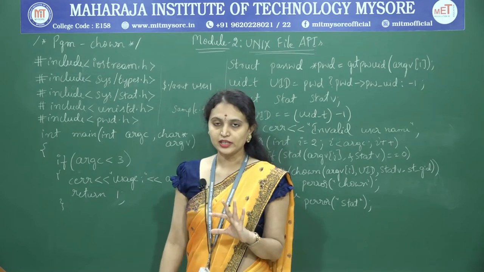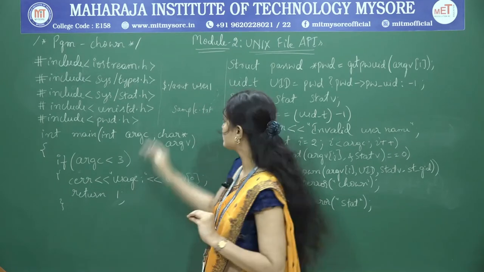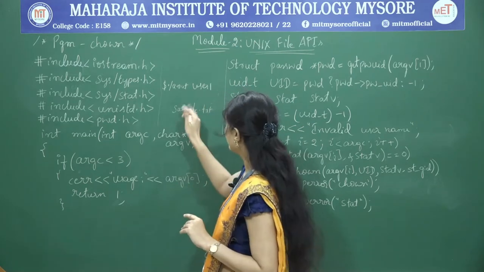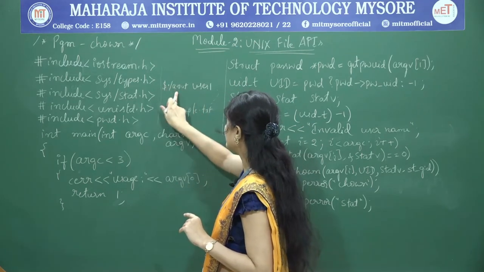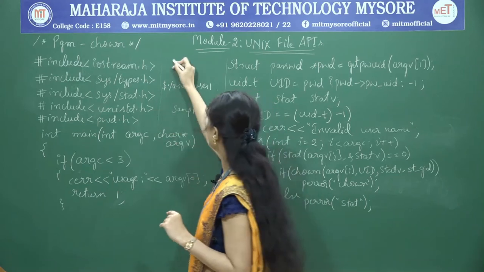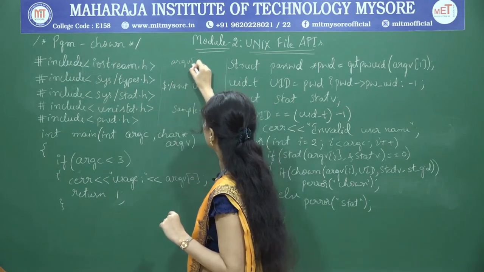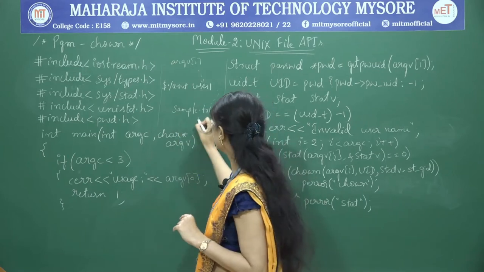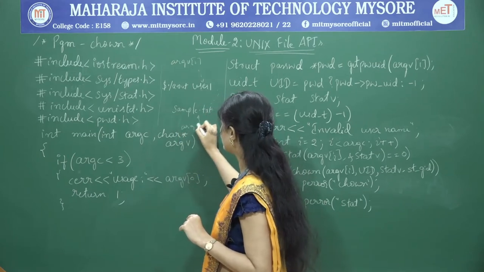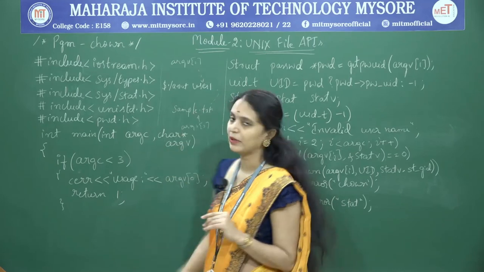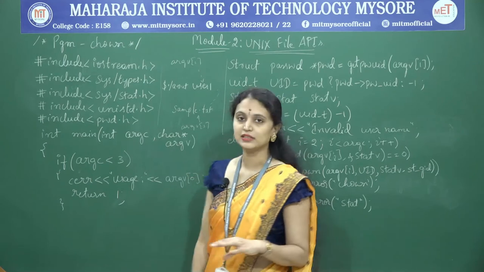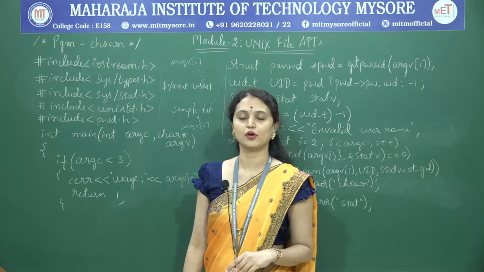Here the argument count is 3, and the argument vector argv of 0 is ./a.out, argv of 1 is the username, and argv of 2 is sample.txt. We have already discussed command line arguments in the previous session itself.